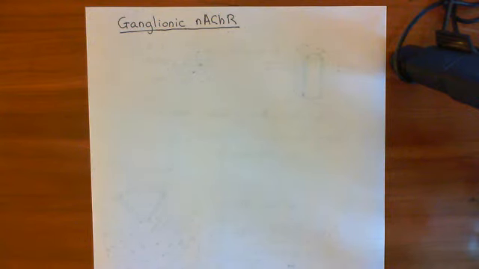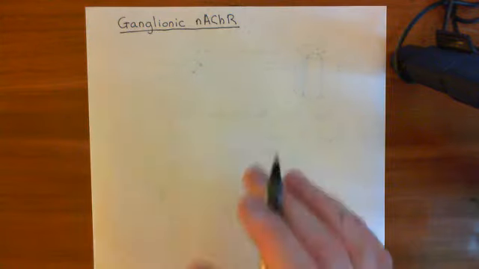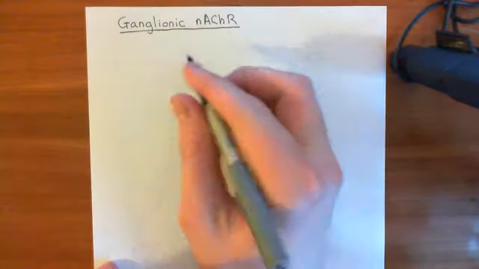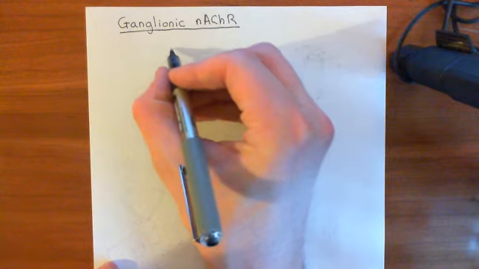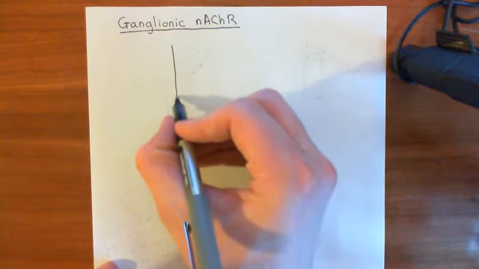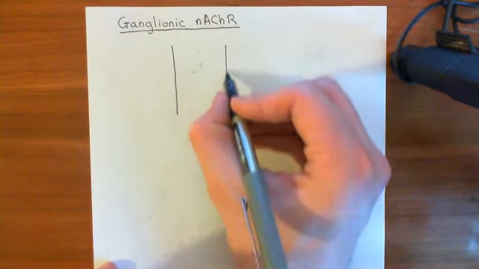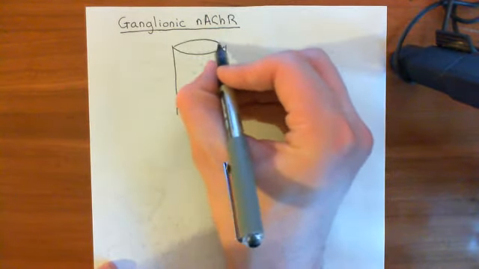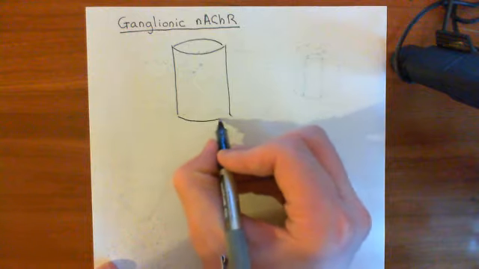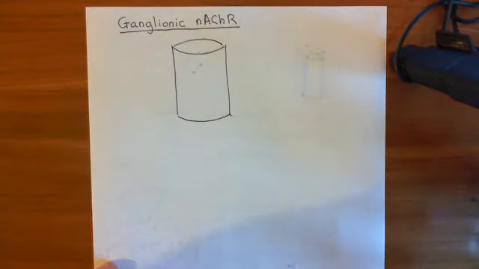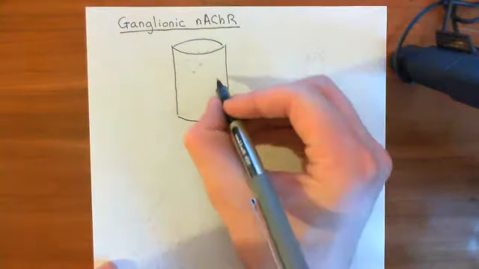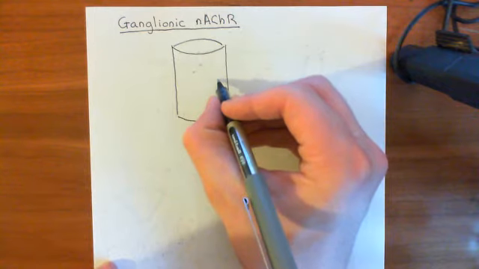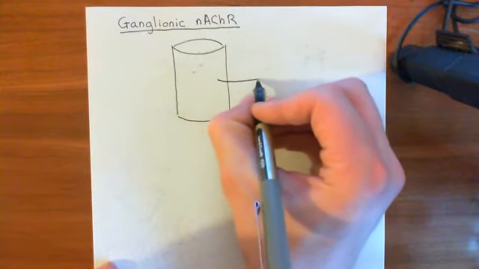The neurons that are involved in the autonomic nervous system come out of the spinal cord. So let's draw the spinal cord here, like so. Basically, the neurons involved in the autonomic nervous system will come out of the spinal cord.